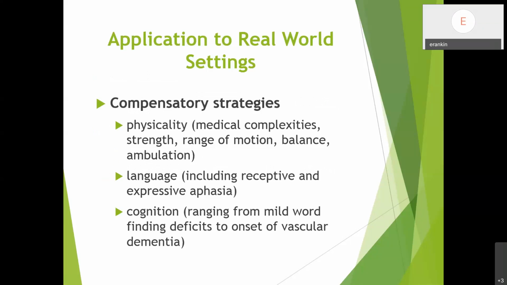And then, okay, application in real world settings. And we talked about some of those as well. The physicality, the medical complexities, range of motion, balance, ambulation, helping develop language, especially as a person recovers from these language-based disorders.